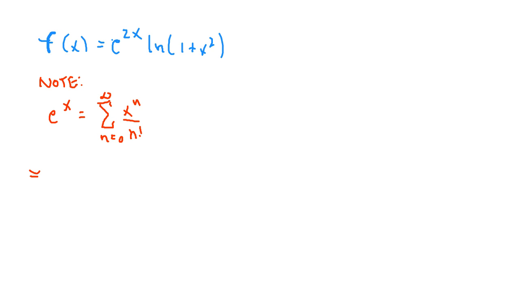This implies that if you want a power series for e to the 2x, all you need to do is substitute in 2x for x. That's all you need to do.